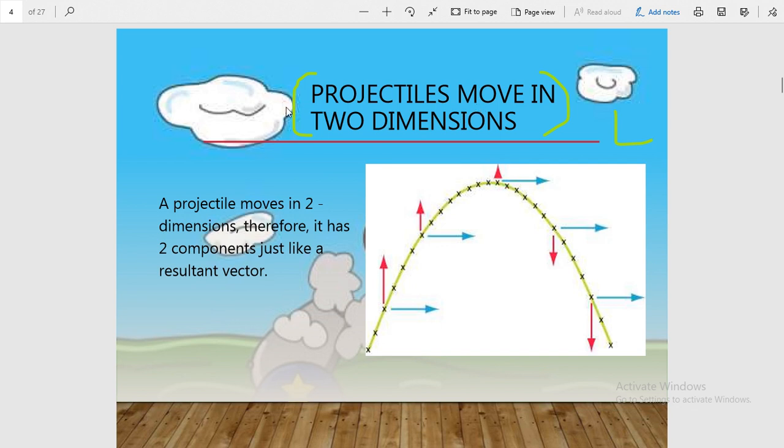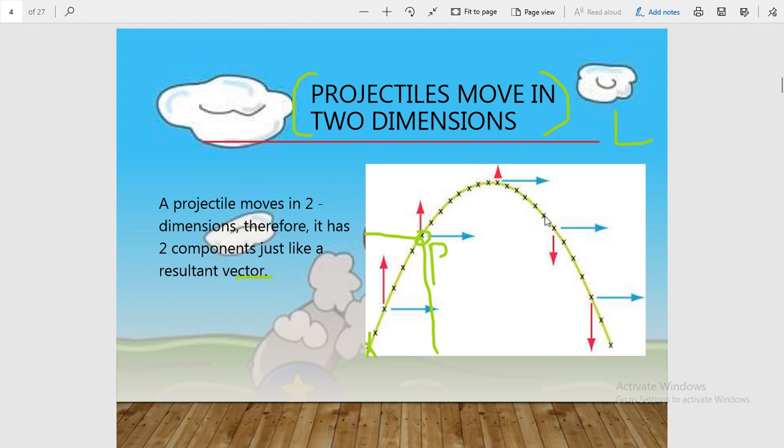A projectile moves in 2 dimensions, therefore it has 2 components, just like a resultant vector. In this case you can see that the particle is initially at this point and it is moving like this. If the particle is at this point, point P, you need some coordinate of the x-axis and the y-axis to give its position.